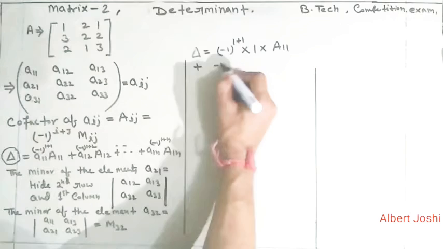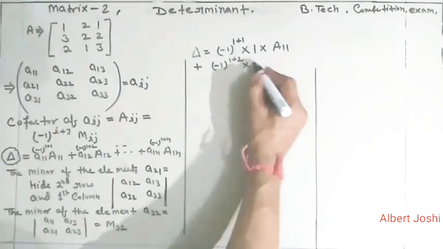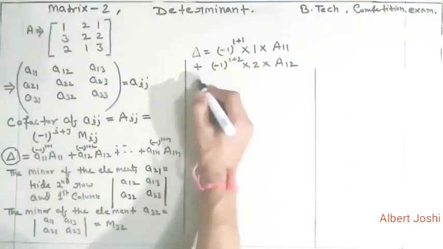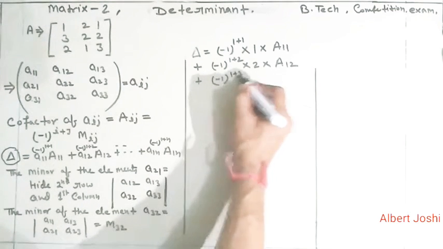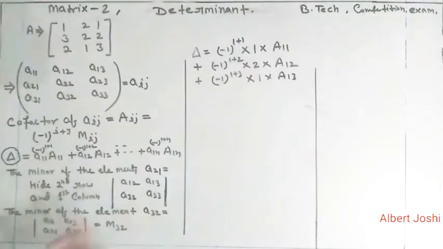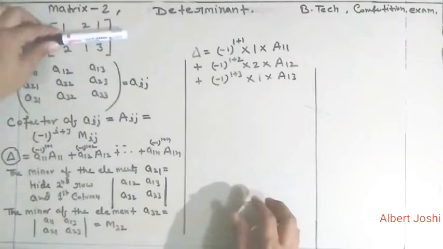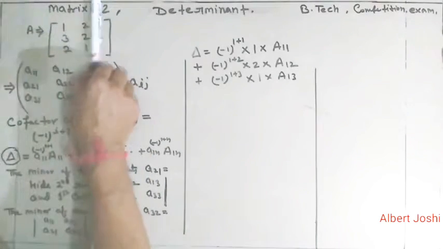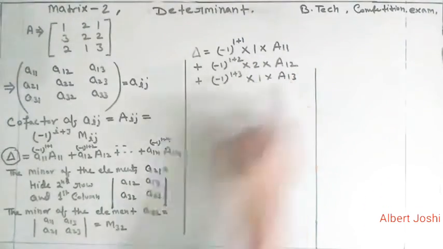Plus minus 1 to the power 1 plus 2 into this element 2 into A12, plus minus 1 to the power 1 plus 3 into this into A13. You can find the determinant with respect to either this row or this. Then it will change.